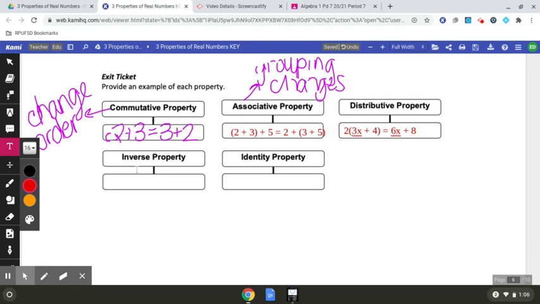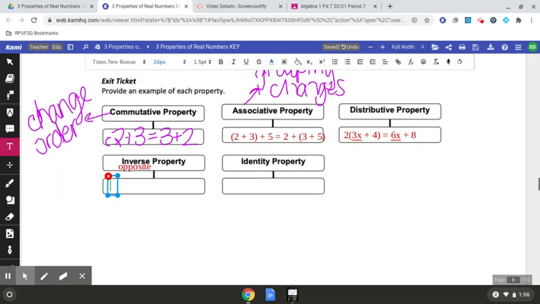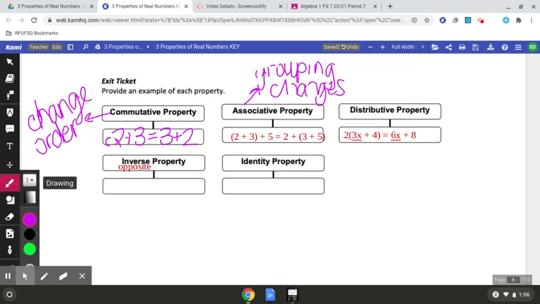Okay, inverse. I always like to remember the word inverse as opposite. And for me, this is a nice easy one if I think of the addition. I'm going to show you both just because this one is definitely a little bit harder to understand. So if we use it with addition, let's do 3 plus a negative 3.